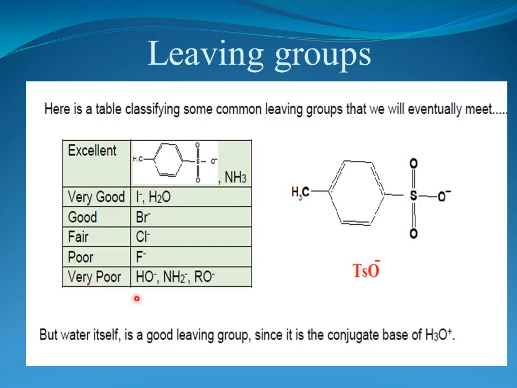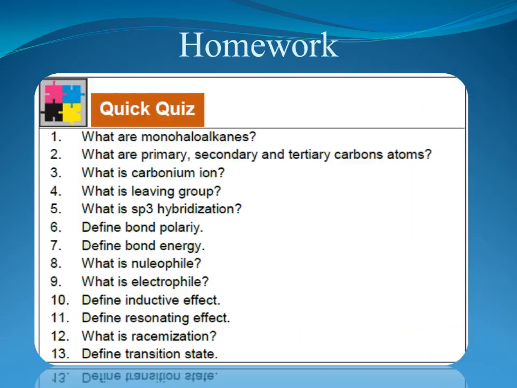It is very reactive, so it cannot live on its own as OH negative. Therefore, it is a poor leaving group. Water itself is a good leaving group since it is a conjugate base of hydronium ion. Students, try to understand all these concepts, apply them and solve these questions.